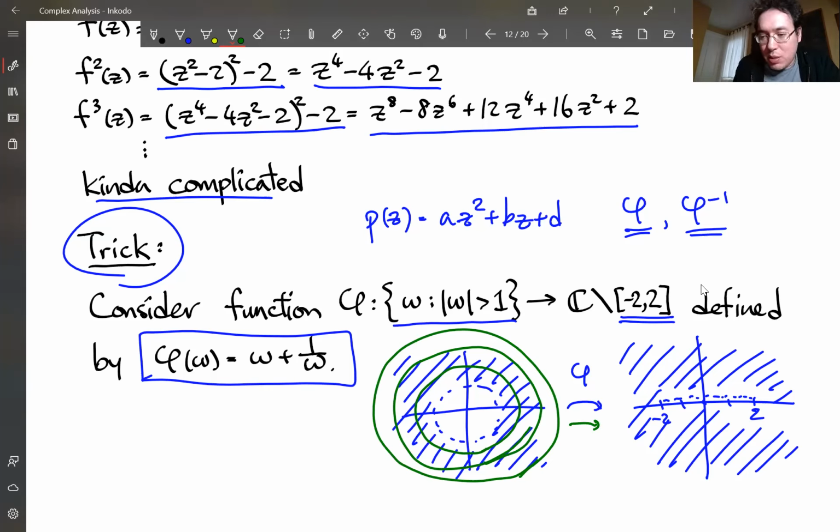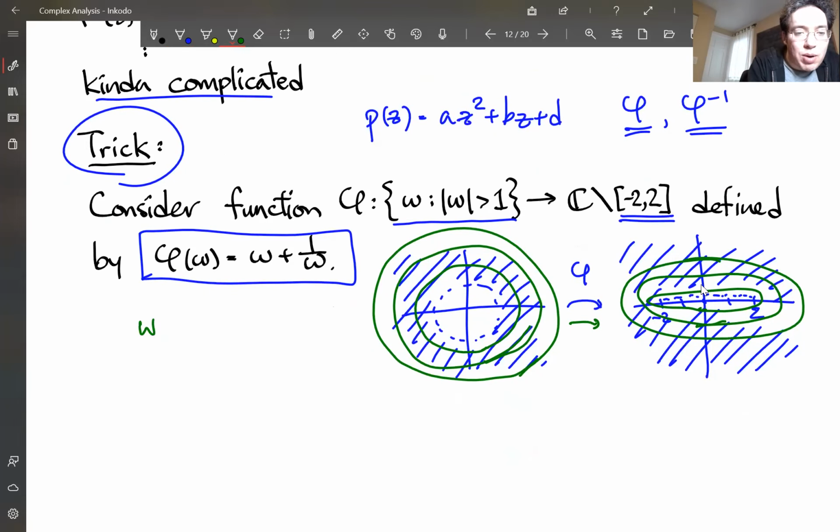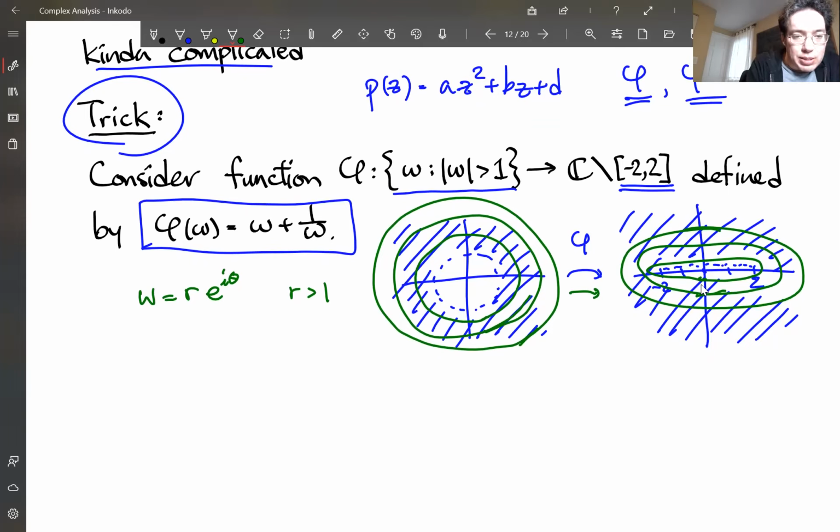Just as a spoiler, I'm going to say it's going to map to ellipses that look like these. Okay, so how could we see that? Let's do that. We're going to write down w in polar form: r times e to the i theta, and r is going to be strictly greater than 1 in the input.